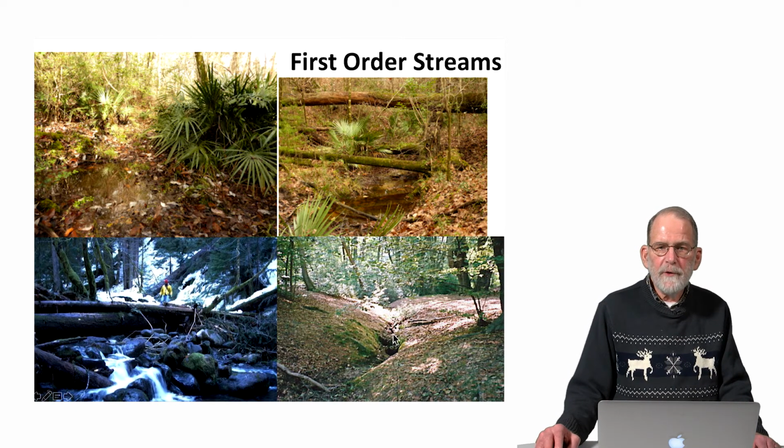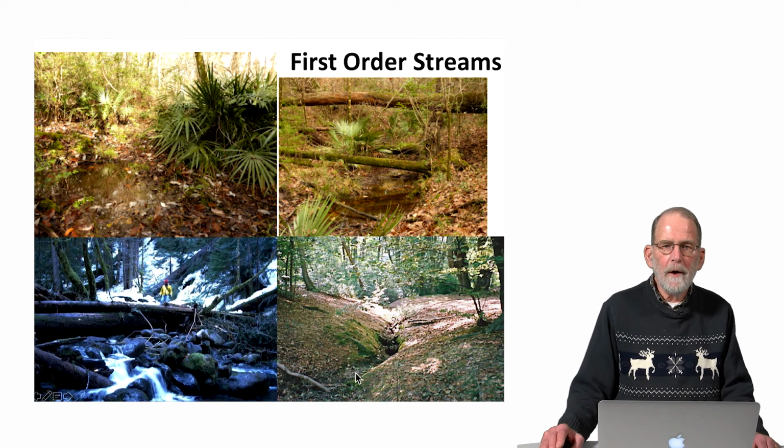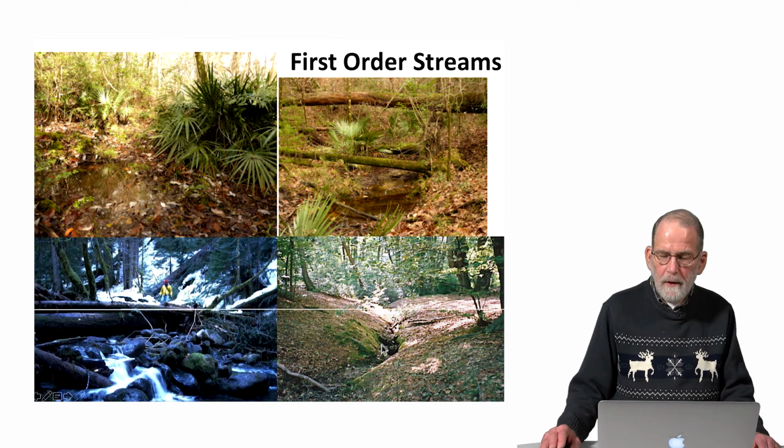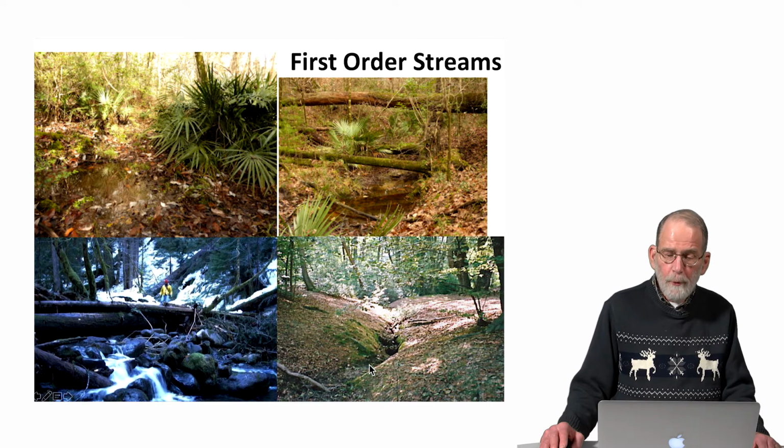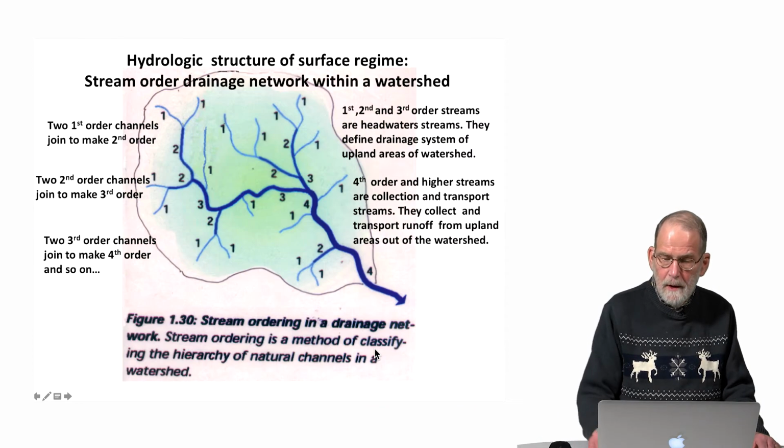Similarly here, we can see a fairly well-developed channel, and all that means is that occasionally, fairly infrequently, this channel is asked to carry a large enough amount of water that will scour out this channel. But you can see here that the channel is completely dry. So this is what we would refer to as a first order channel, pretty high up in the watershed.